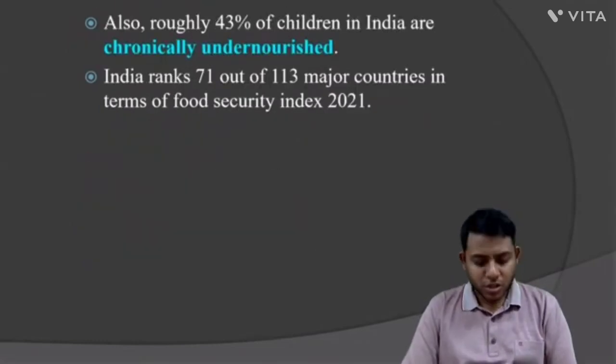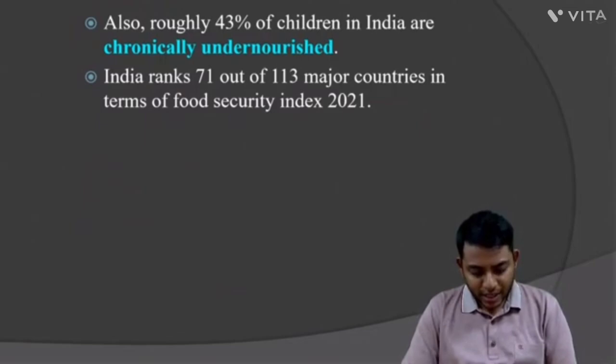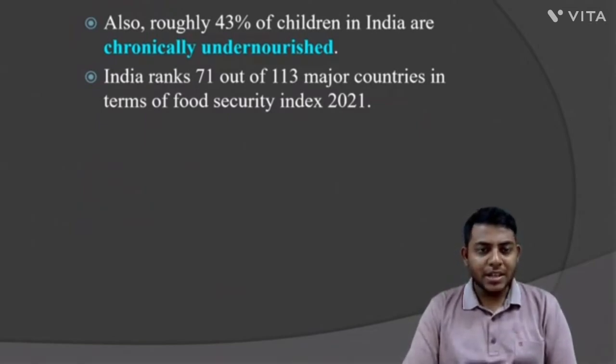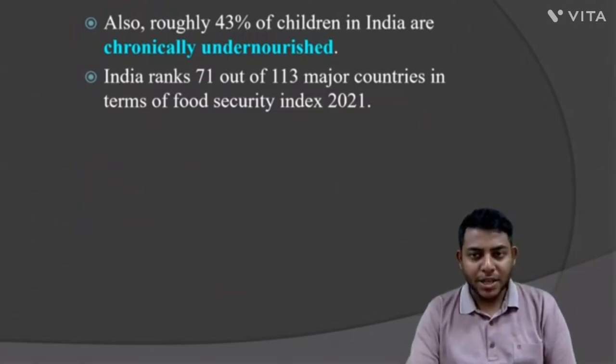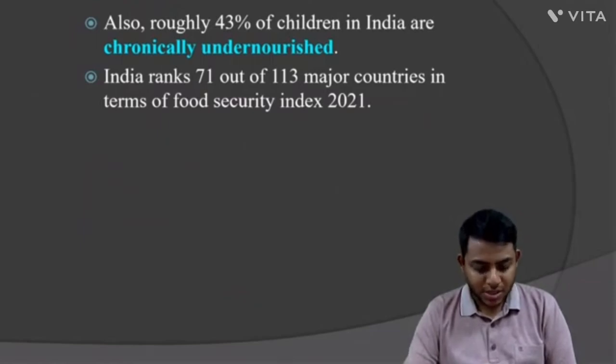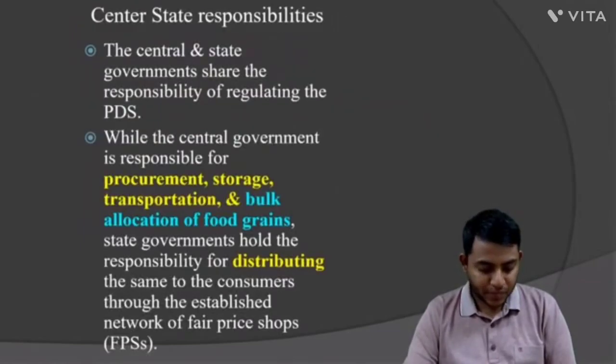Also, roughly 43% of children in India are chronically undernourished, and India ranks 71 out of 113 major countries in terms of the Food Security Index of 2021.